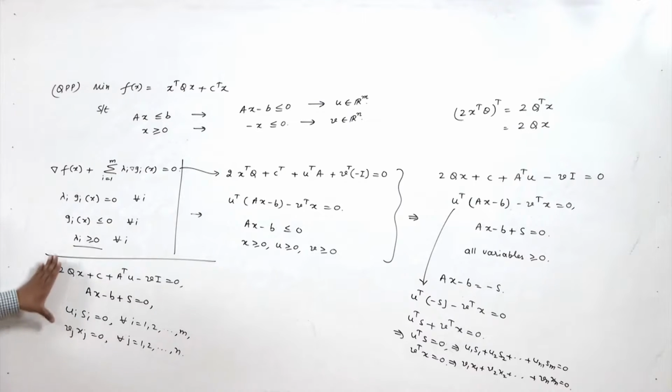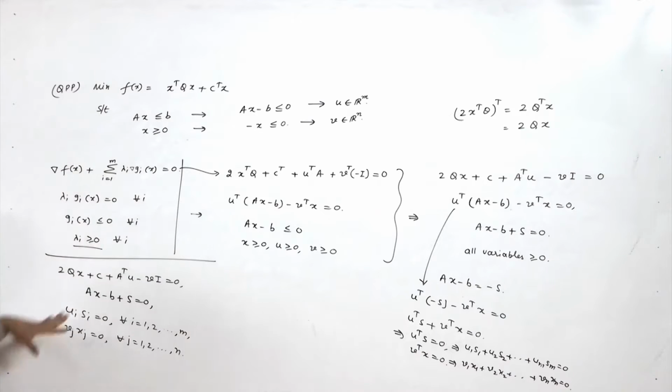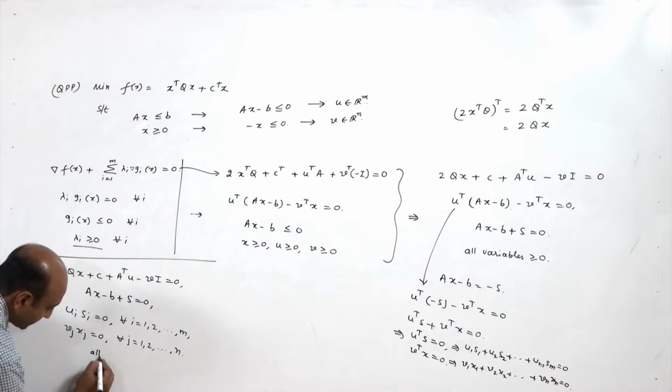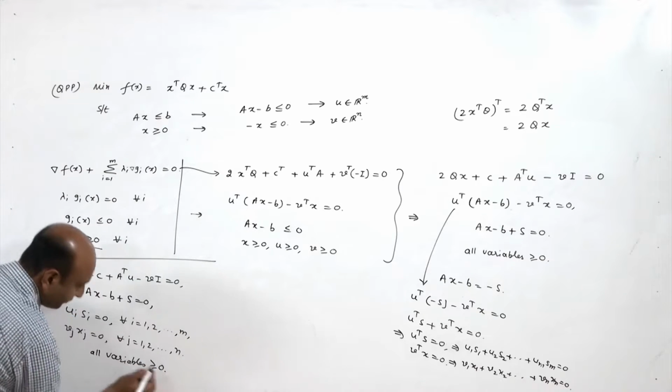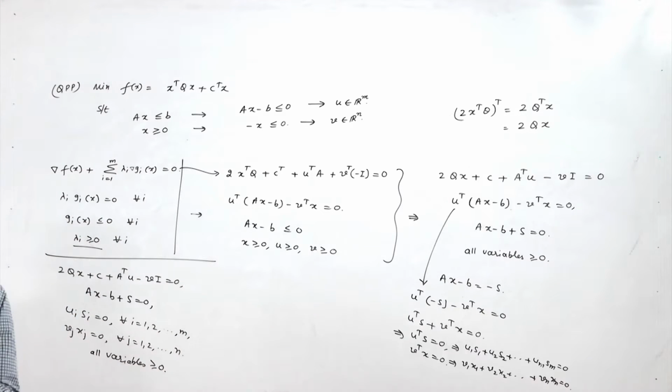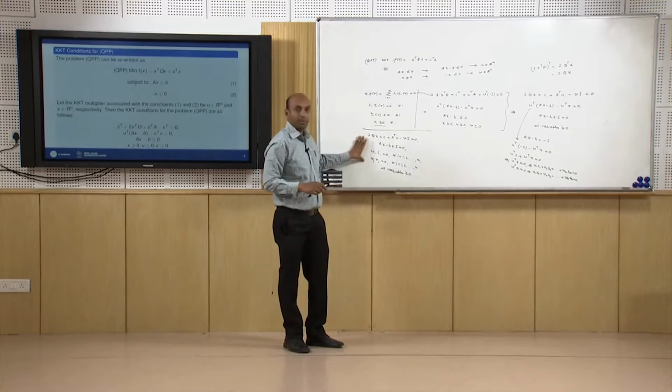So these are the KKT conditions for QPP. Okay, and all variables must be non-negative, of course. So these are the KKT conditions for QPP.